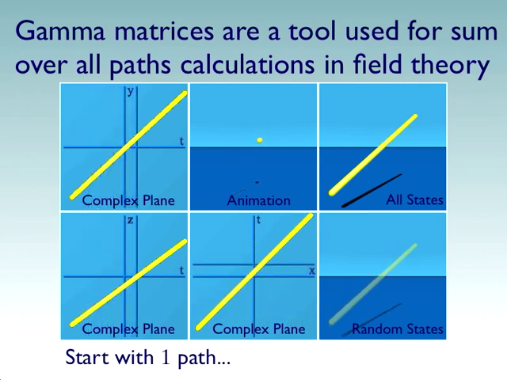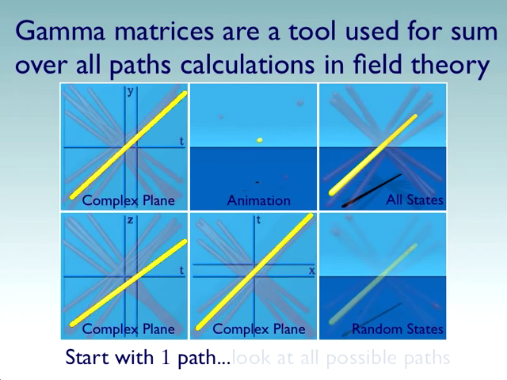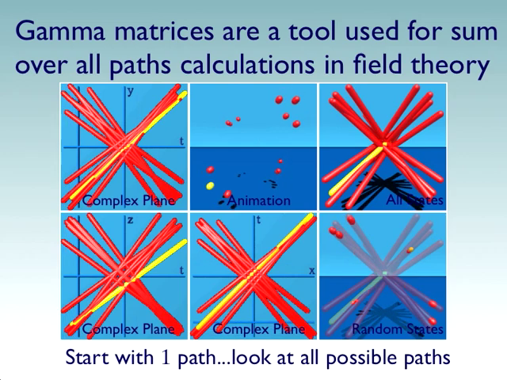Now, if we take this one path and we take all the possible 16 different triple products, this is what you end up with. And you can see kind of 4 clusters of 4 moving throughout the space-time.